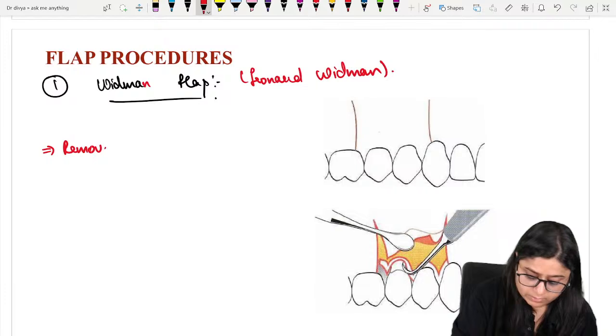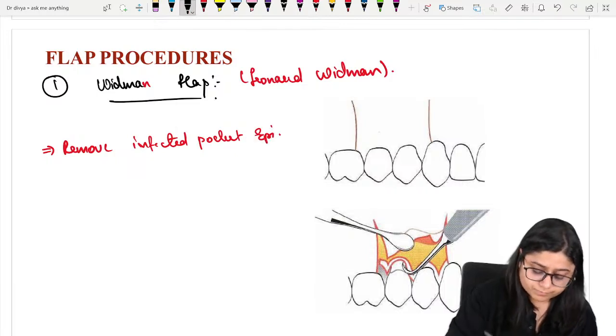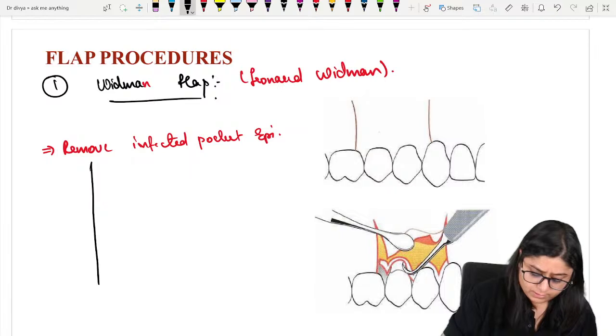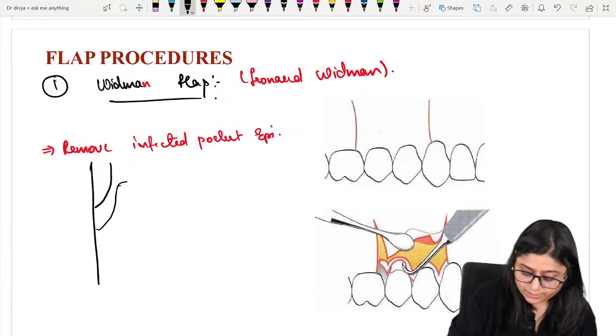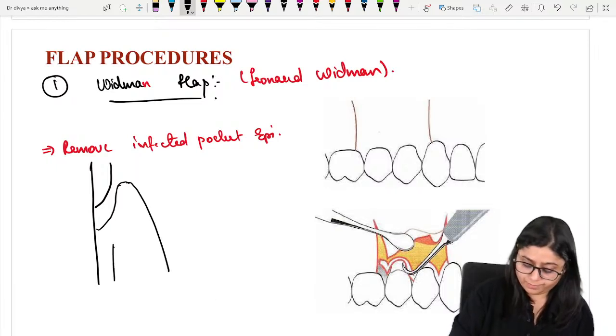Remove infected pocket epithelium. So here, this is the tooth. Here, this is the sulcus of a periodontitis affected tooth. This is the bone.